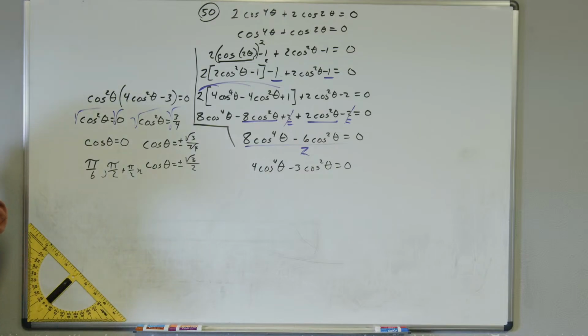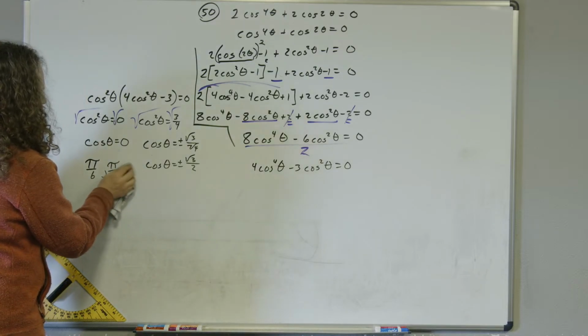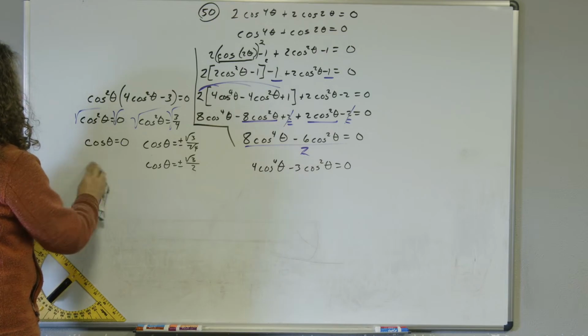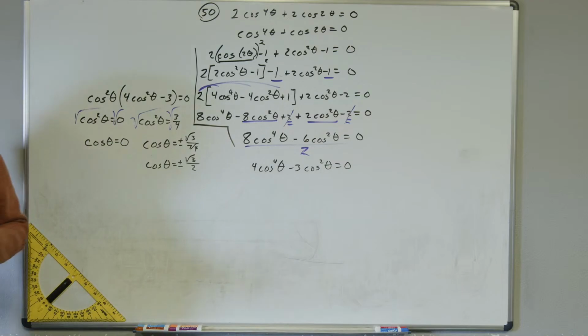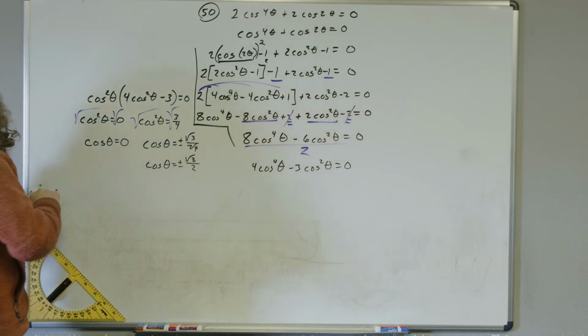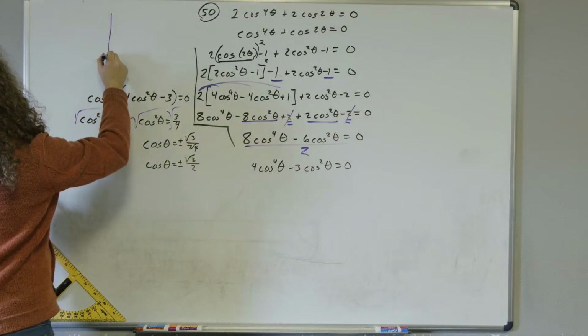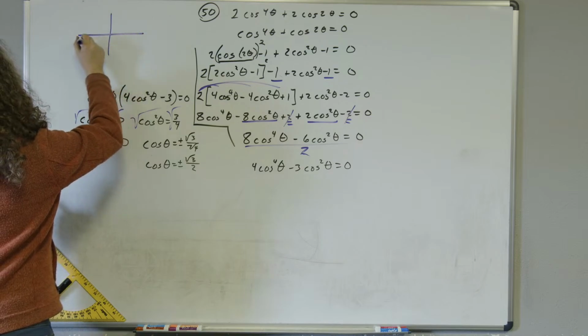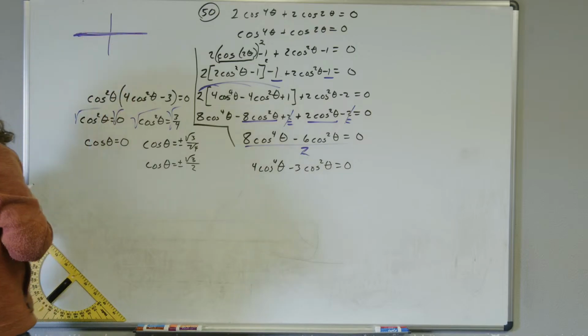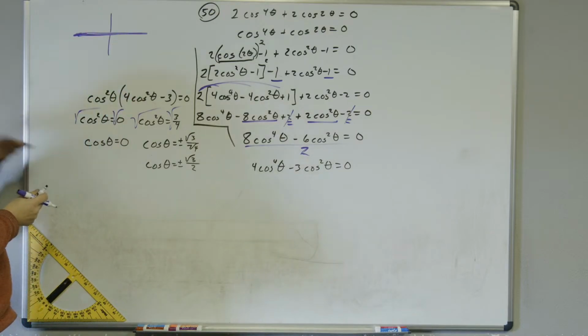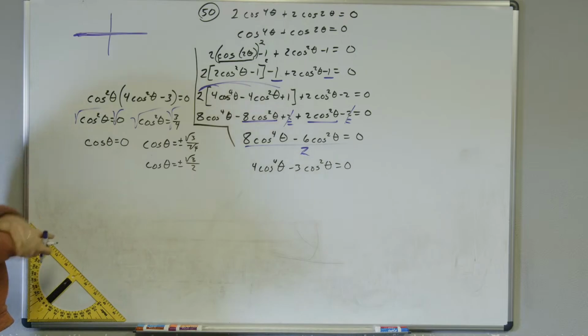Go back. Let's draw it in a picture and see why it's not that. Okay, let's start with the 0 one. That's the easy one. Cosine is x over r, correct?